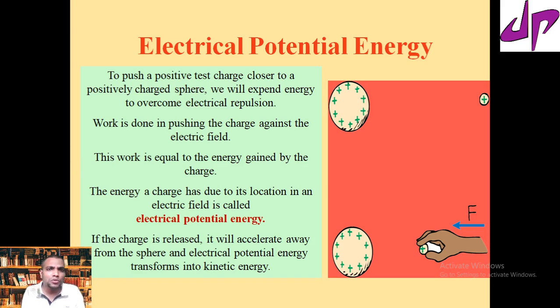It means I am doing work against the electric field. So my work is stored in the form of potential energy. Now the charge at that location has electrical potential energy. If you change the location, the potential energy will automatically change too.